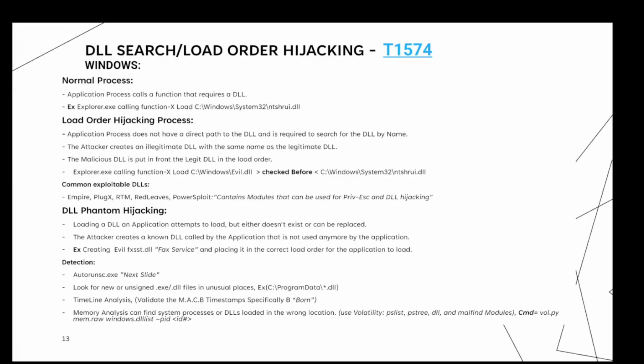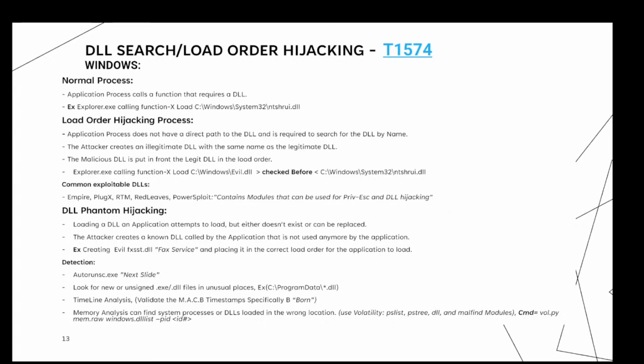If that kind of makes sense for you guys. So the attacker makes an illegitimate DLL, right? But with the same name as the legitimate DLL. And then its malicious DLL is pulled ahead of the legitimate DLL in the load order. Like Explorer calling function X loaded from the Windows DLL, checked before Windows System32, and then the name of the DLL.